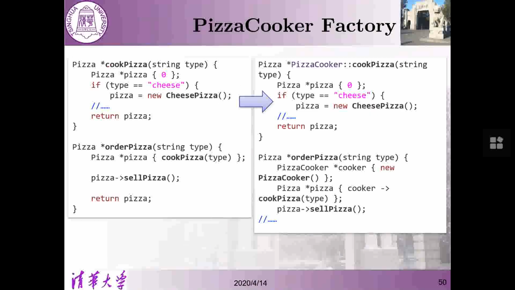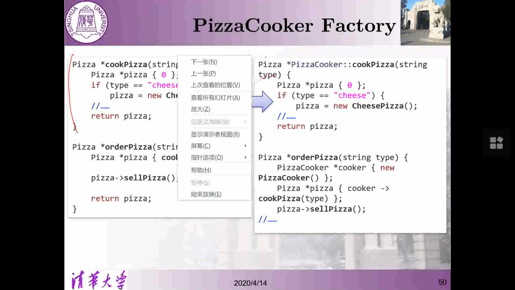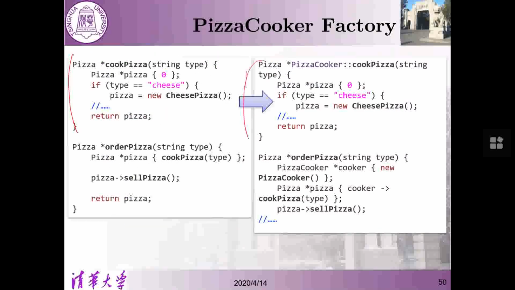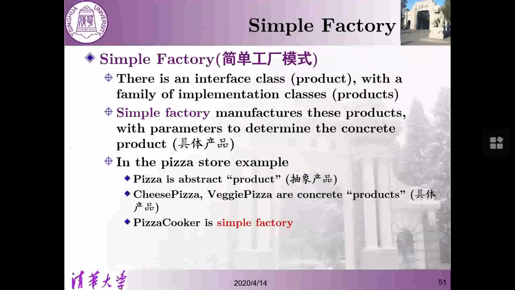Now we have the pizza cooker class to do this. And we can call it a factory because it generates, it manufactures objects. So it is actually a factory.